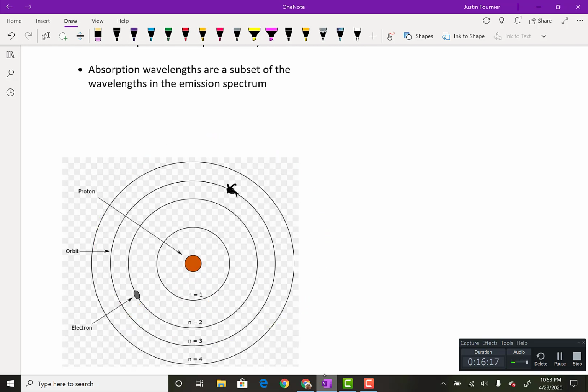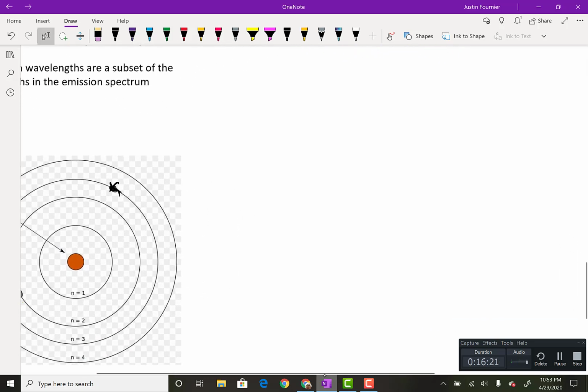And even he knew they were flawed, because he went a little further and said the angular momentum has to be quantized. This is the quantization, because n could equal 1, 2, 3, and so on.